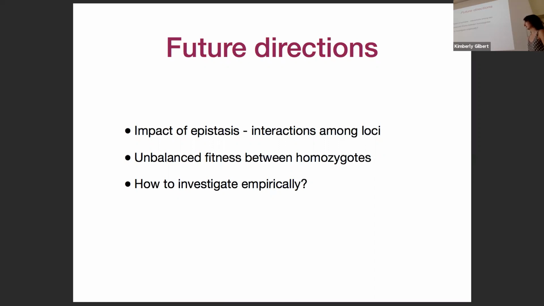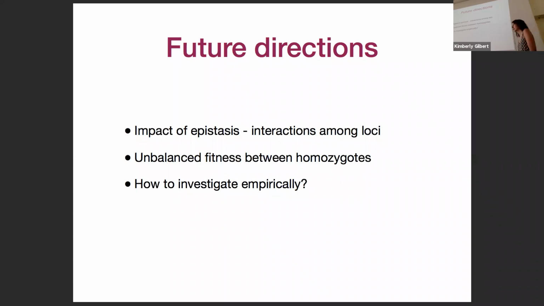And then maybe one of the fun things to talk to some people here about today was how we could ever investigate this empirically. One other thing I should mention as a major caveat is we don't know how often underdominant mutations arise. So if they arise a lot, this could be super important. If they're quite rare, maybe it's not so important.